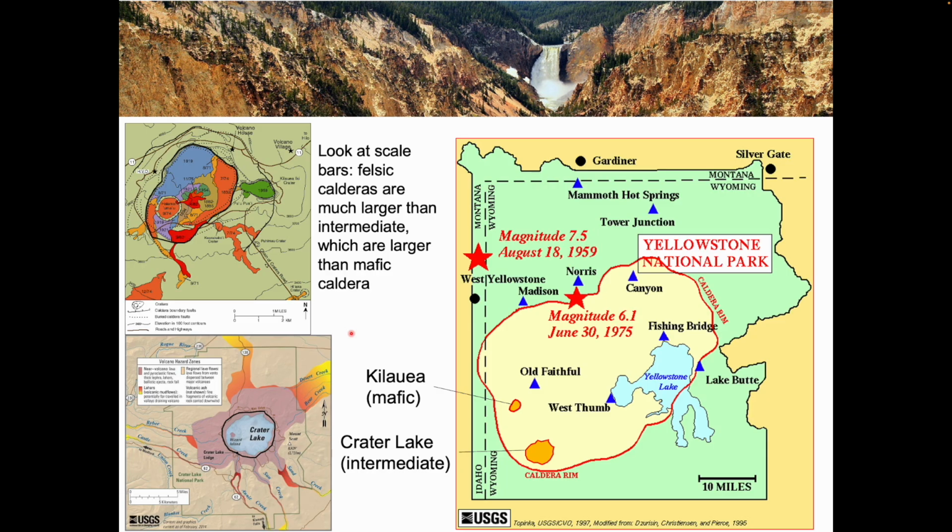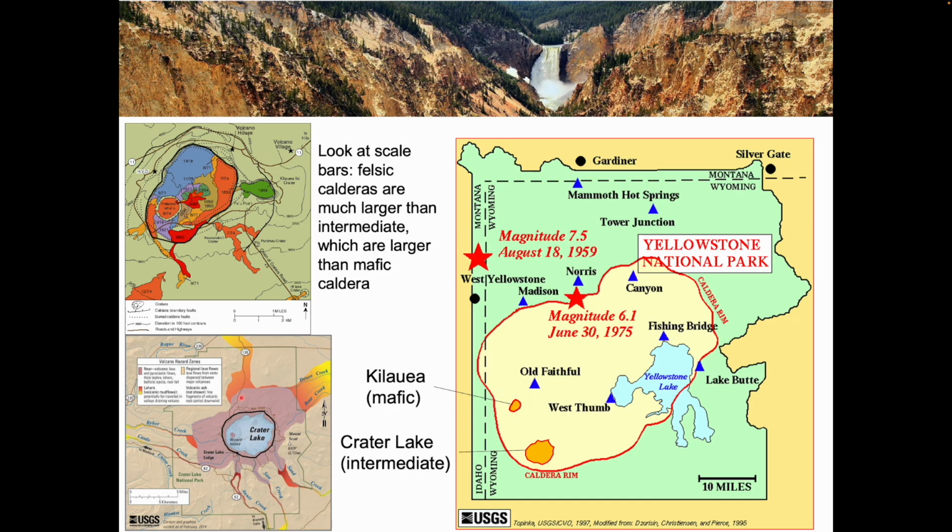So let's talk about the scale between mafic caldera systems like Kilauea, seen up here in the upper left, Crater Lake, which is sort of an intermediate caldera, and then Yellowstone caldera. Kilauea is a couple of miles across, about a mile wide, and it's shown here on Yellowstone National Park. This is to scale.